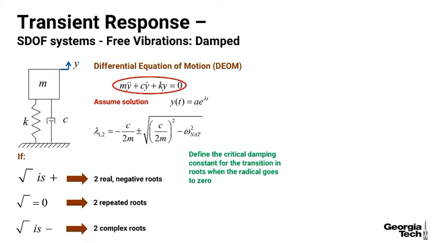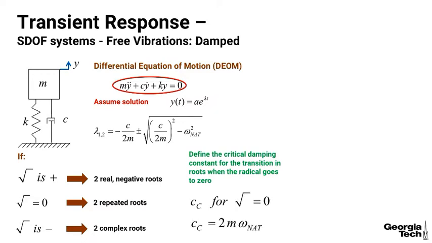We're going to define critical damping, or the critical damping constant, for the transition where the radical actually goes to 0. So between these two situations where the value under the radical is positive or negative. So when the quantity underneath the square root sign equals 0, that's going to be the case of critical damping.